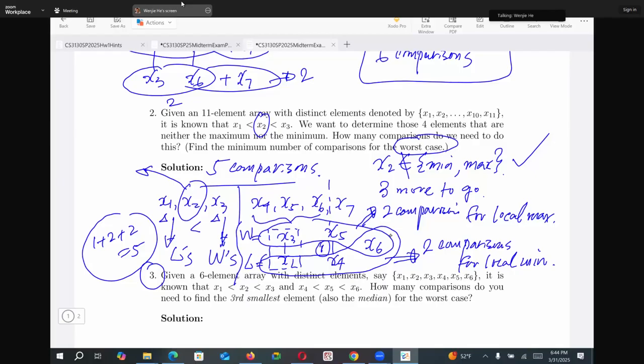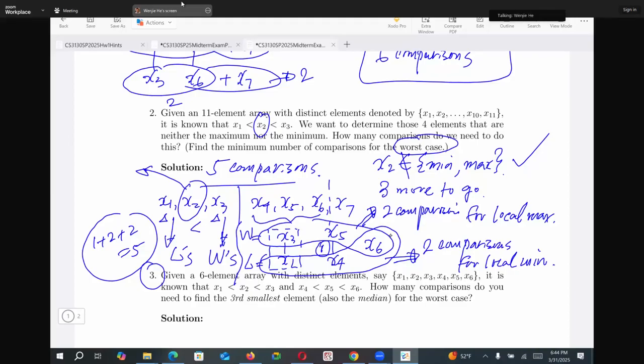If X6 is the local maximum in the winners group, then X6 cannot be the local minimum in the losers group, right? If X6 cannot be the local minimum, we eliminate X6 in the losers group. Then in the losers group, we only need 1 comparison, right? If 1 comparison, it's not the worst case.